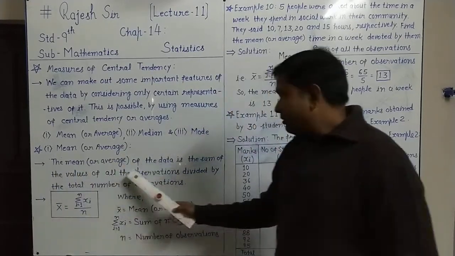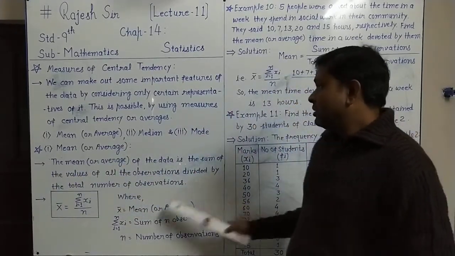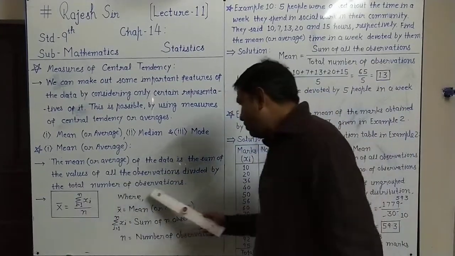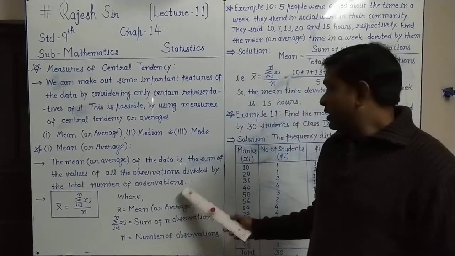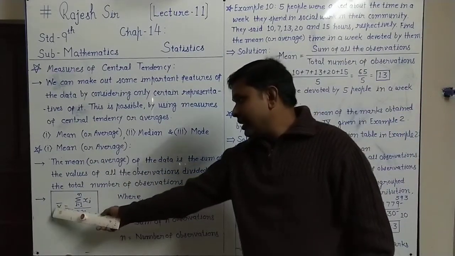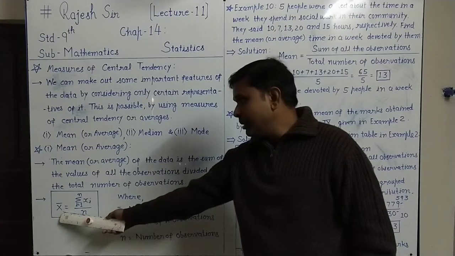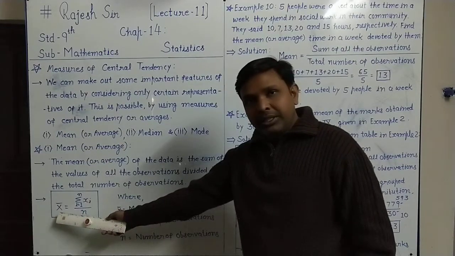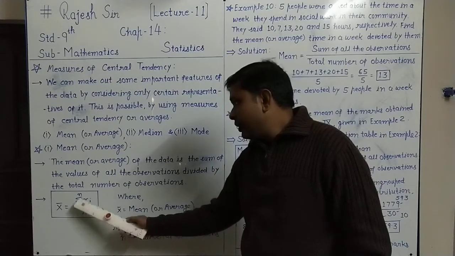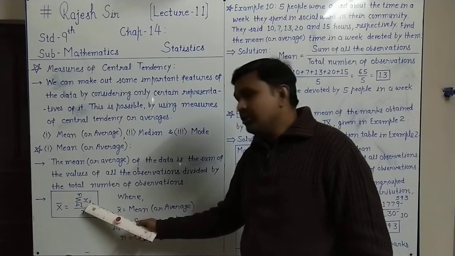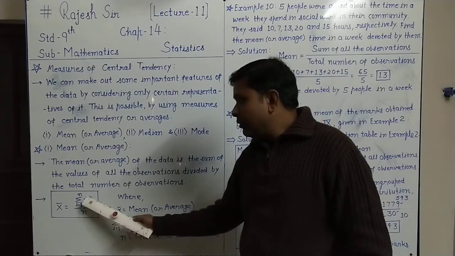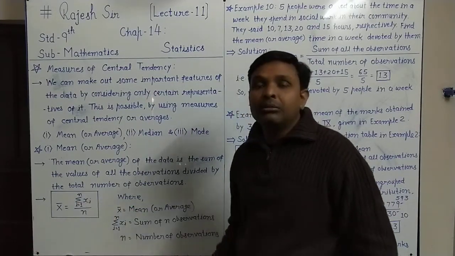The mean or average of the data is the sum of the values of all the observations divided by the total number of observations. The mean or average is denoted by x bar, read as x bar. It is equal to sigma i running from 1 to n of xi, where xi means the observations, i running from 1 to n means n number of observations, and sigma means sum.